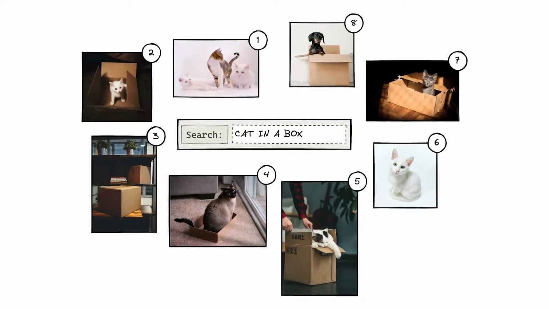Throughout this video, we are going to be using a very small data set of just 8 images. Now, in reality, you will typically be working with millions or even billions of items. So this is a very simplified version, but it's ideal for understanding how each one of these metrics works.